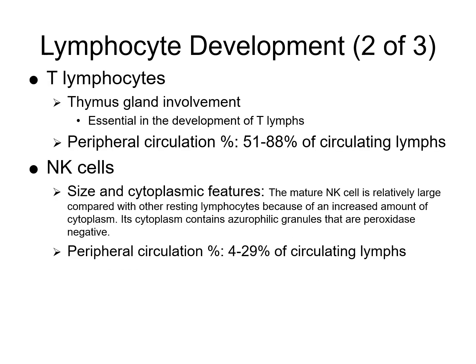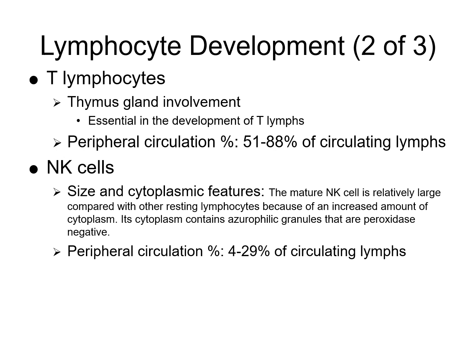T lymphocytes have an involvement with the thymus gland. So the thymus is essential for T lymphocyte development. Immature T cells mature and undergo selection in the thymus before entering circulation. T lymphocytes constitute about 51 to 88% of circulating lymphocytes in the peripheral blood. And then we move on to NK, or natural killer cells.